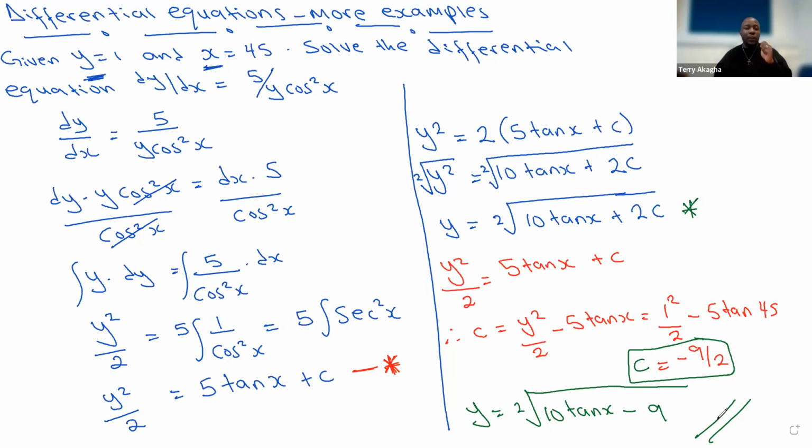You get your value, but you have to add c if you're doing an indefinite integral. After that, you make y the subject of the formula. If you have the values for y and x, then you substitute the values to get c. But if, for instance, y and x were not given, you stop here, and that'll be that.